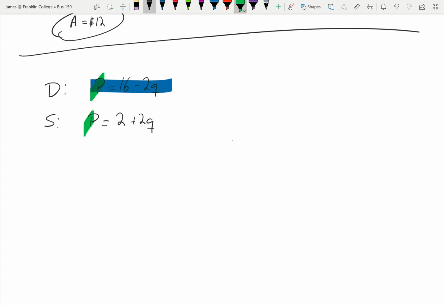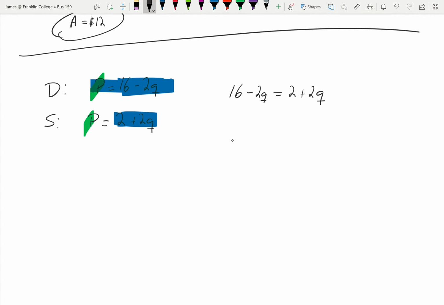So if we have P equals 16 minus 2q, and we also have P equals 2 plus 2q, well, we can just set both equations equal to each other, so to say. And we're just going to be left with 16 minus 2q equals 2 plus 2q.